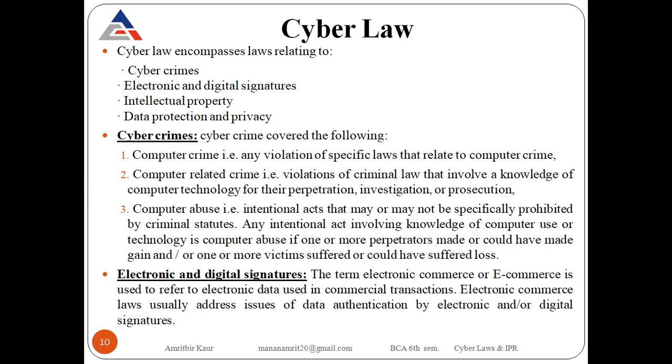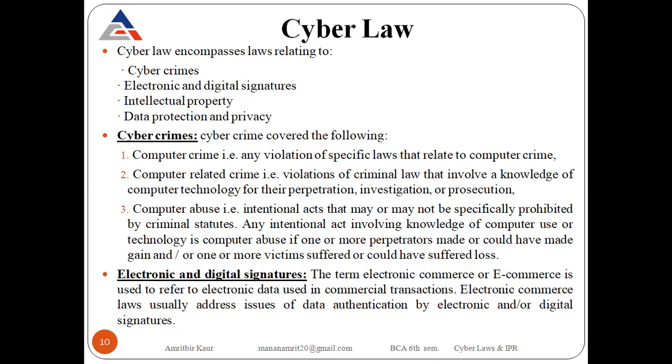Cyber crime: any violation of specific law that relates to computer crime. If you break any law that is related to cyber crime, it comes under cyber crime, computer crime. Computer related crime: violation of criminal law that involves knowledge of computer technology for their investigation, prosecution, etc. For example, someone uses knowledge of computer technology, like a ransomware virus.